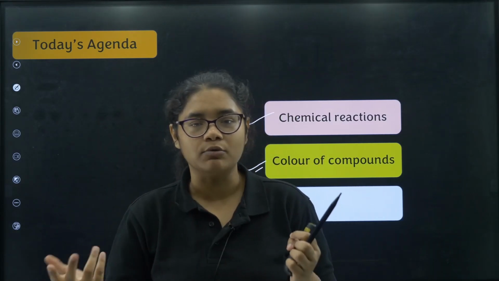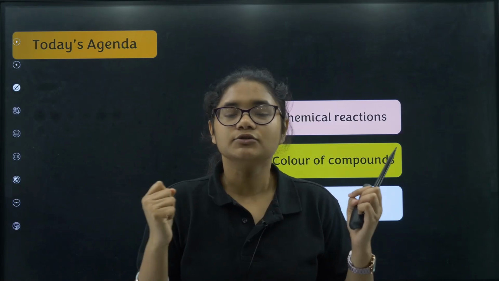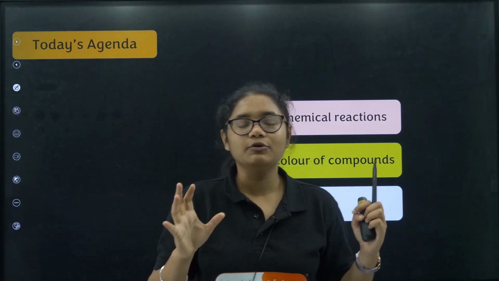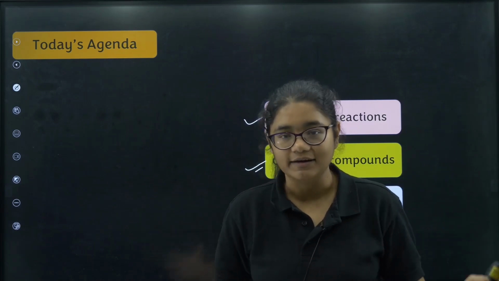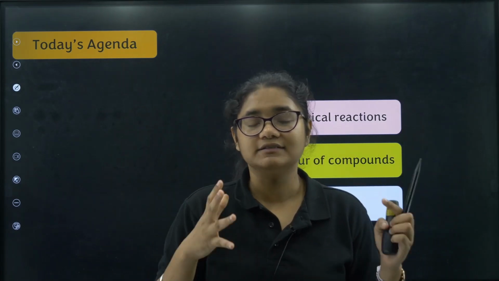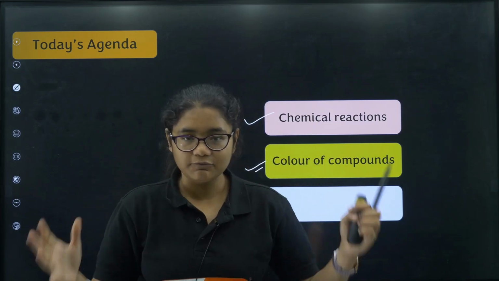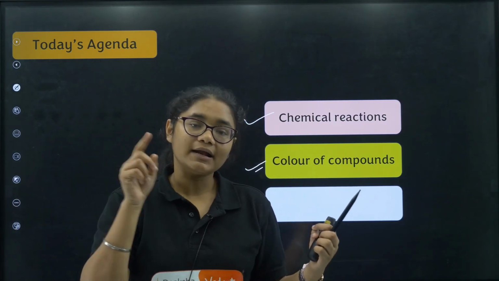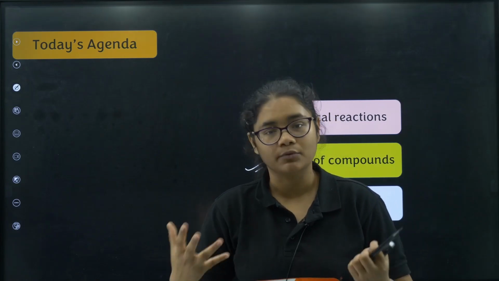Blue changes to brown. So what is the change happening? So many questions based on the color have been asked. So to help you with this, I have made a list of compounds whose colors have been asked repeatedly in the last 10 years of papers. Okay, so you will have all the compounds whose colors you can remember, and these compounds are asked even in the questions.